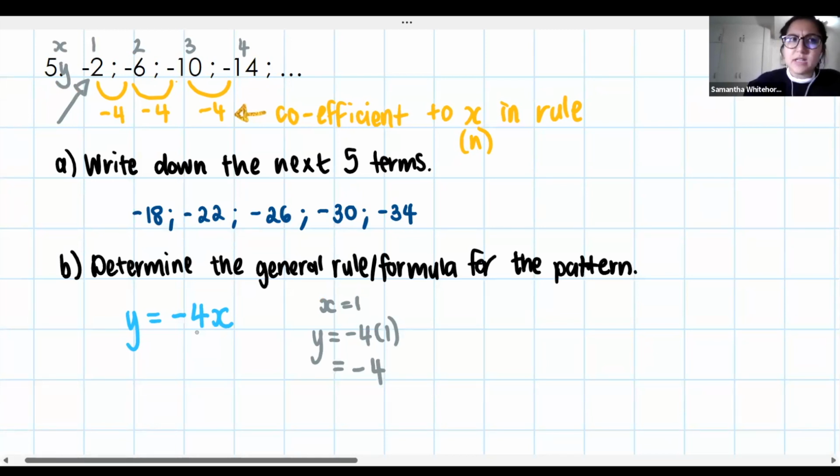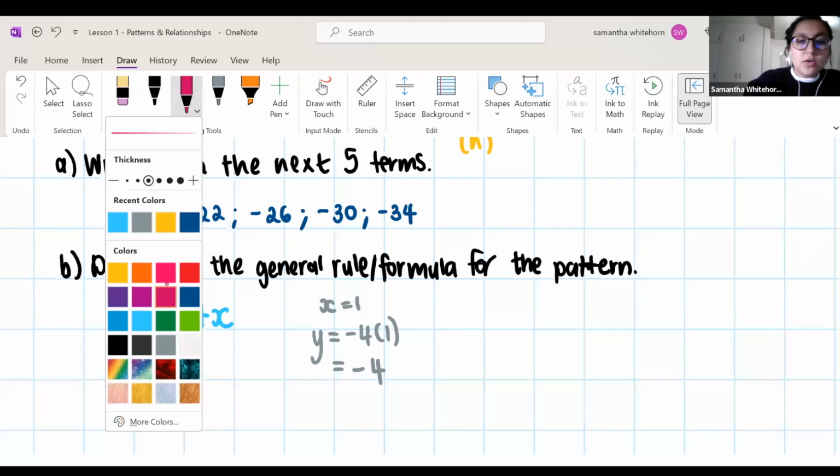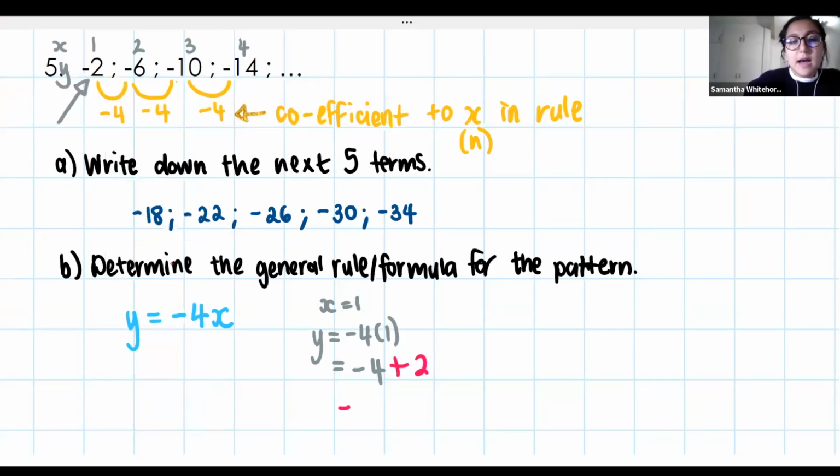But I don't want -4. I want -2. So the question is, how do I make it -2? Well, I know that if I add 2 to that, I'm going to get -2. And that's exactly the output that I want. So what that's telling me is that to my rule, I need to add 2.